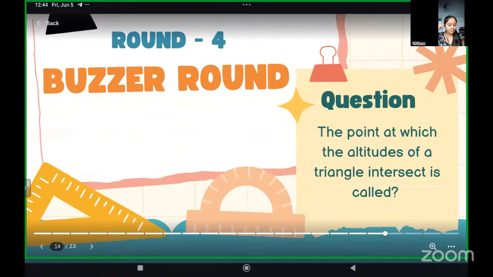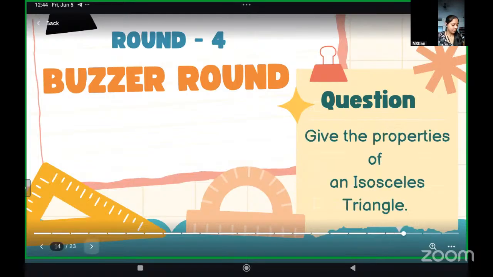The point at which the altitudes of a triangle intersect is called. Yes, Hannah. Ma'am, orthocenter. Okay. Next question in three, two, one, go. Give the properties of an isosceles triangle.